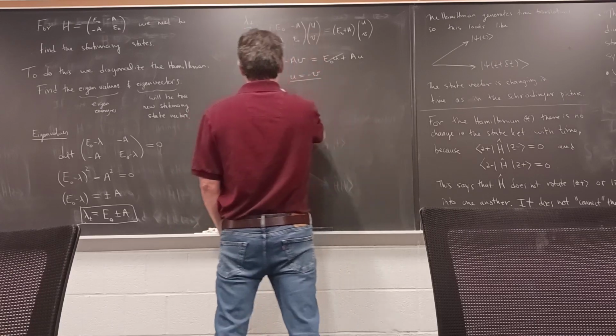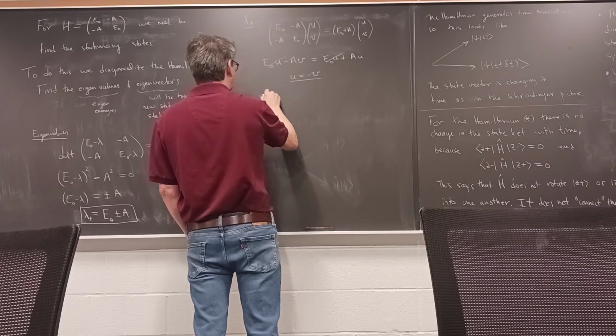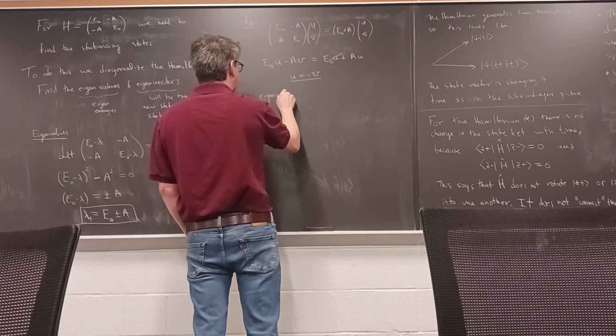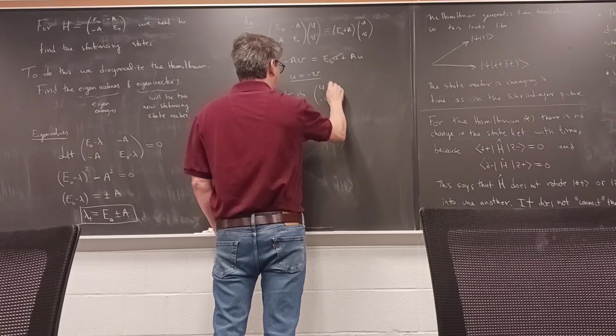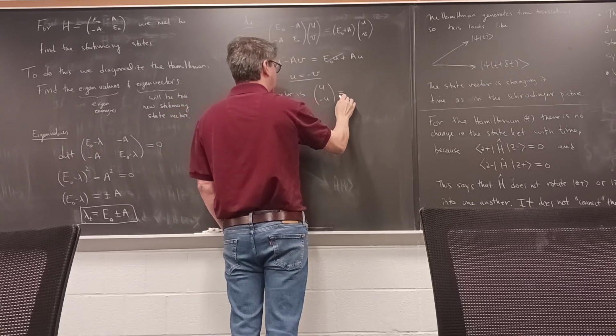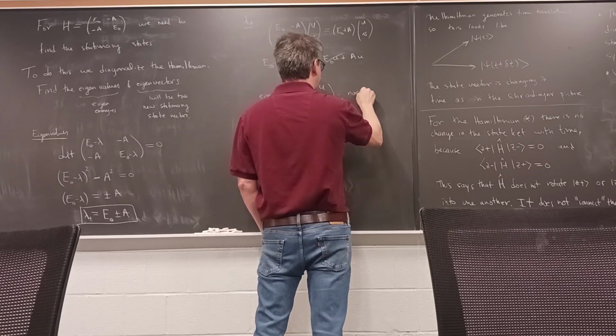So the eigenvector is (u, minus u). Okay, and we can normalize.